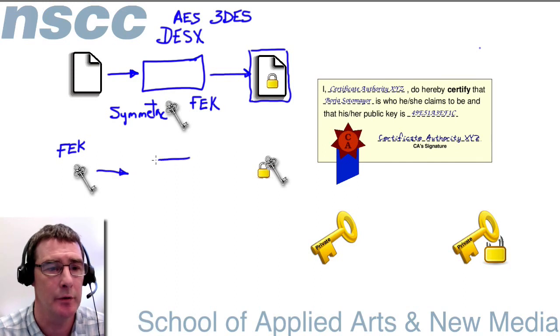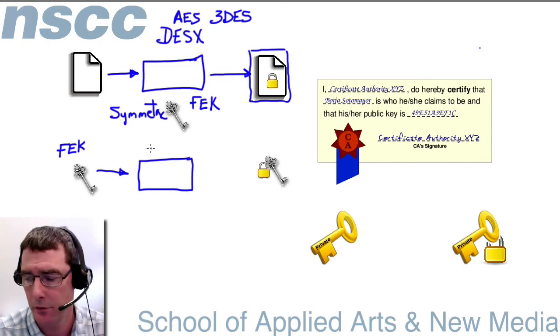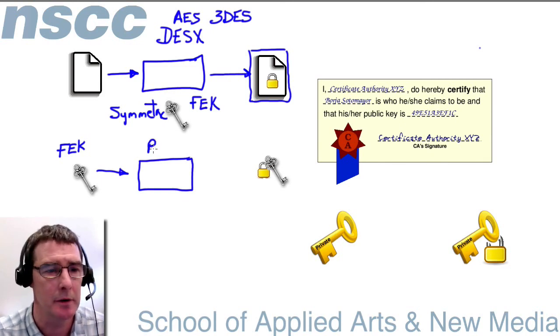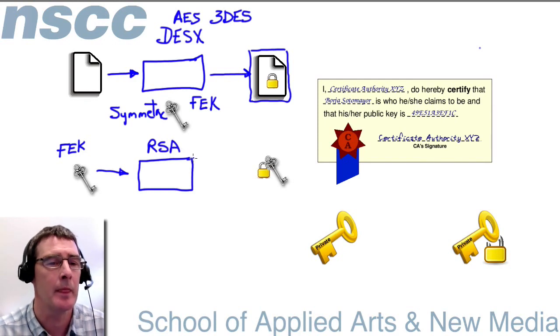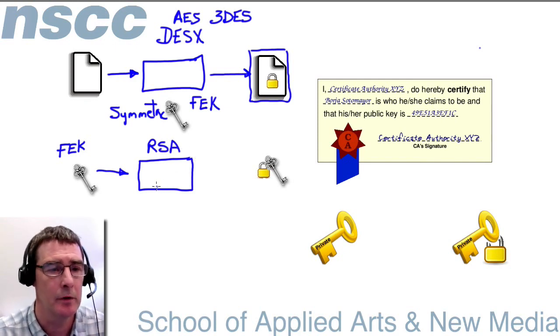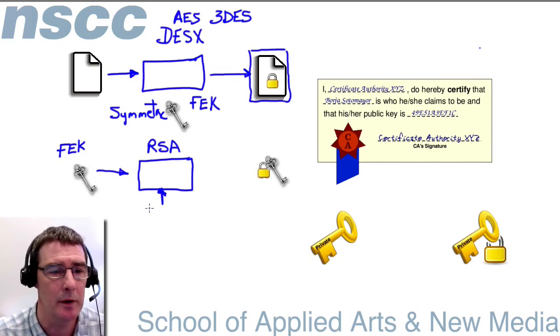And here's where we use that certificate I just showed. So now we're going to use public key encryption, and we're going to use the RSA algorithm to actually encrypt this using, if you looked in the example, Joe's public key.